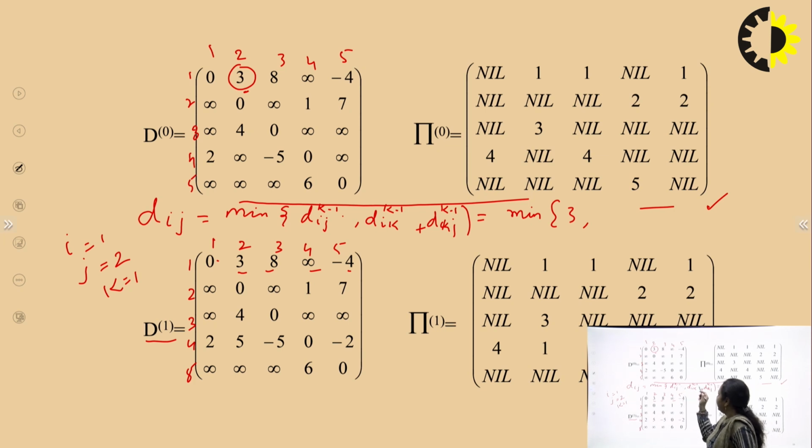So D_ik^(k-1). What is the value? k is 1, so this is D11 in D0. In D0, the 1, 1 value is 0. So it is 0 plus, k is 1, j is also 1, that is D11, again 0.